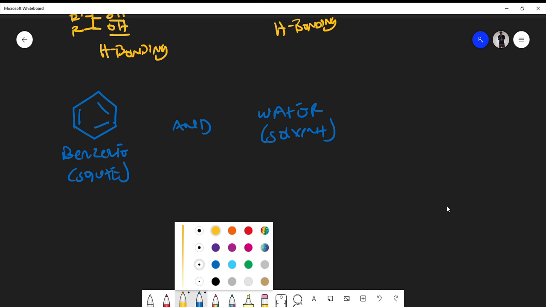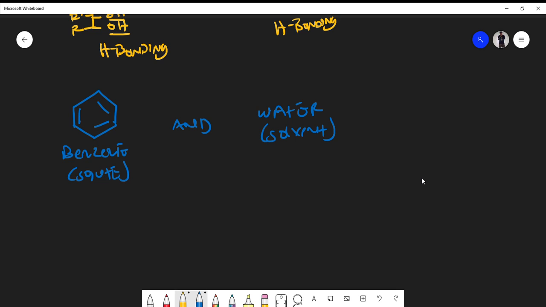The question here is, are they soluble? Are they insoluble? Right? Again, look at the forces.